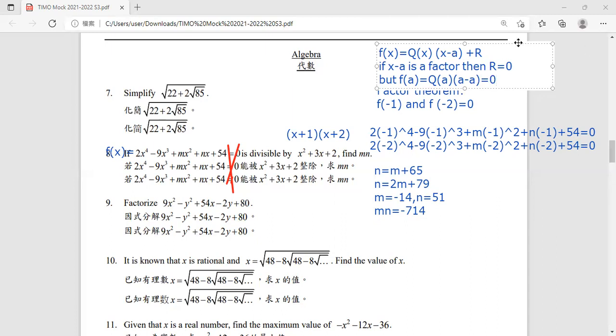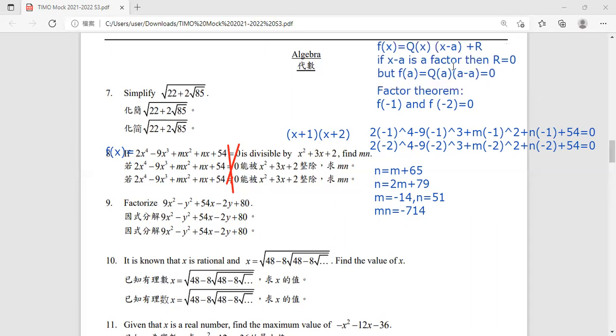So if x minus a is a factor, f(a) will be 0. Now x plus 1 is a factor, so f(x) minus negative 1 is 0. So I put f(-1) is 0. Any question on question 8? Okay, good.